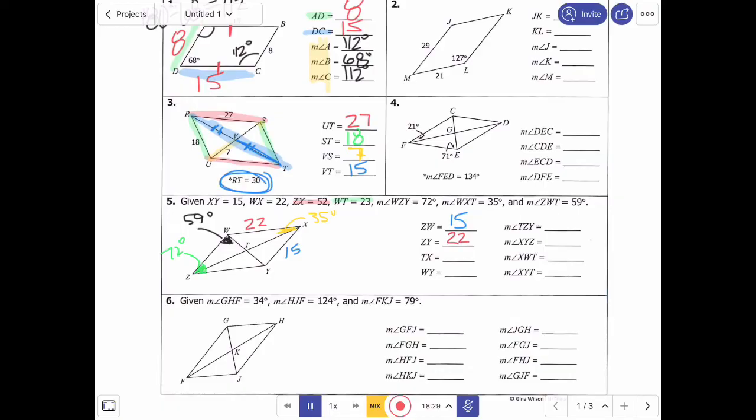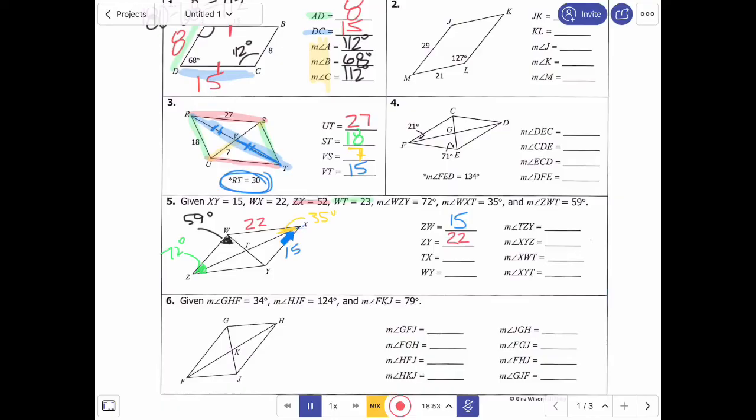Okay, the next few things I probably don't have labeled. I didn't label ZX and WT because it would have gotten way too messy. So for TX, TX is this portion of the diagonal. So that means I'm probably talking about the diagonal ZX. Luckily, ZX is 52.